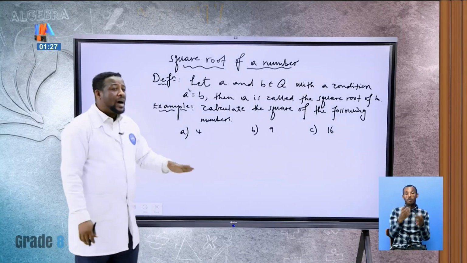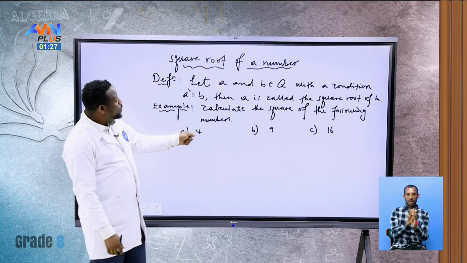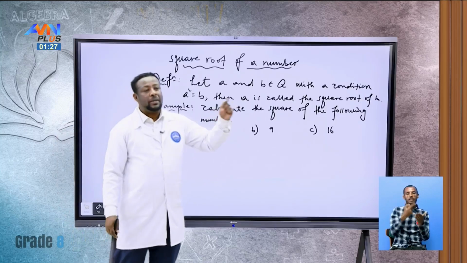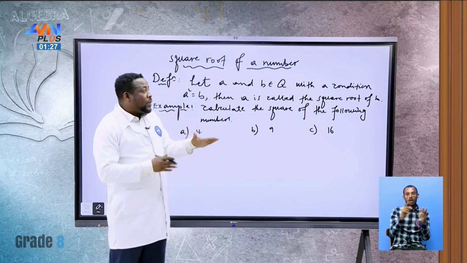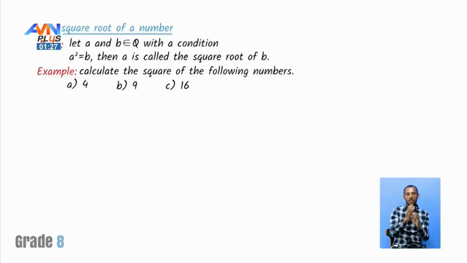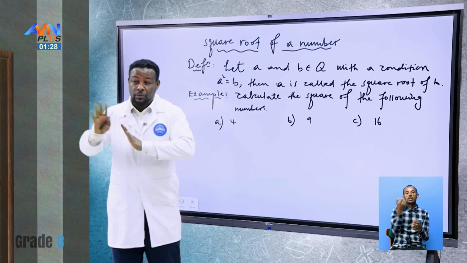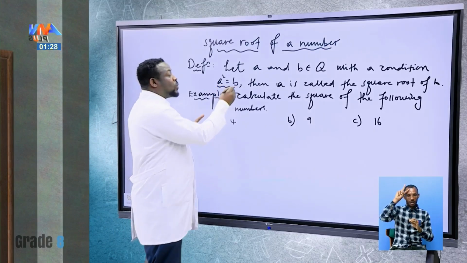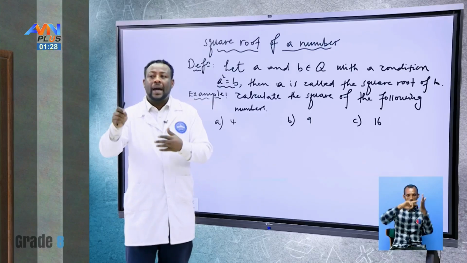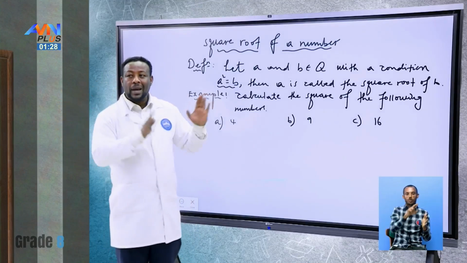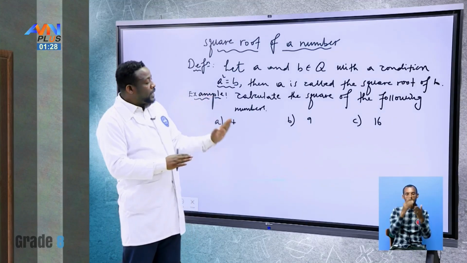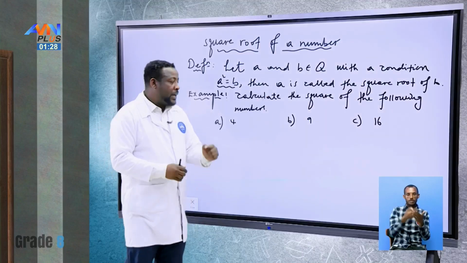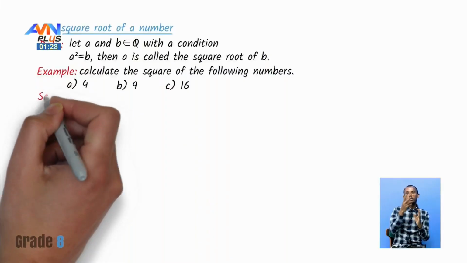Now let's see how we can calculate the square root of these numbers. Okay, before I start calculating the square root of the given numbers, I will repeat the definition that we have here. Always, if you have two numbers a and b, a square is equal to b means a is the square root of b. So we will apply this definition. Let's start from part a.